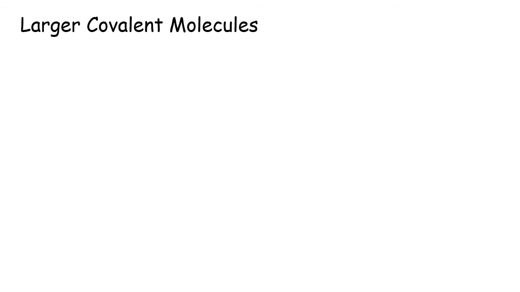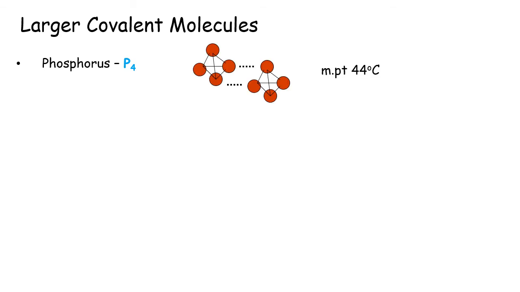Moving on to our larger covalent molecules. In this case, we're really only going to be looking at phosphorus, at sulfur, and at some versions of carbon. So phosphorus as a molecule exists as 4 phosphorus atoms in a tetrahedron shape. And as you can see, there are some forces between the two molecules.